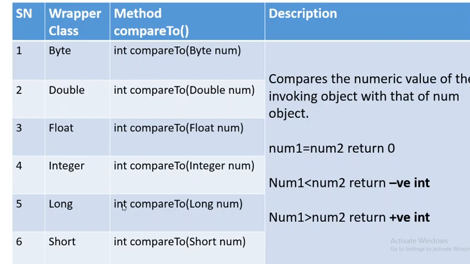With a long object dot compareTo, in brackets another long object, and short object dot compareTo, in brackets another short object. So it is a comparison between two objects of a similar wrapper class. So this is the compareTo method, which is an instance method.